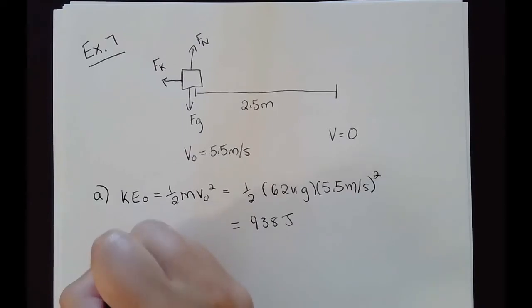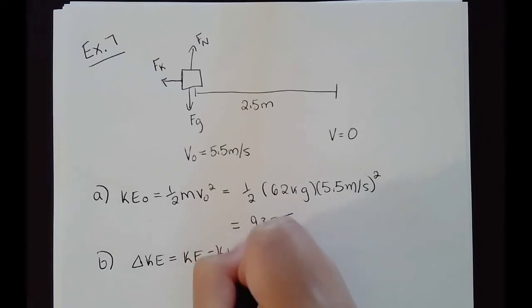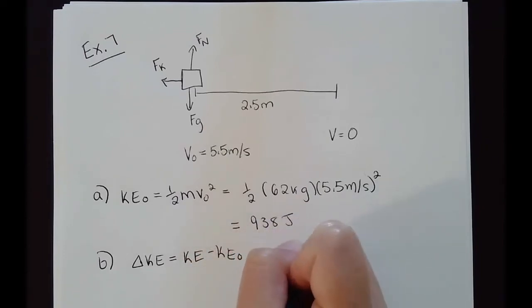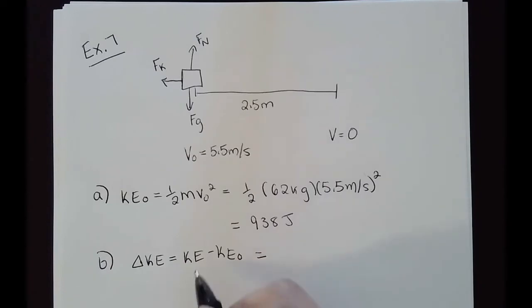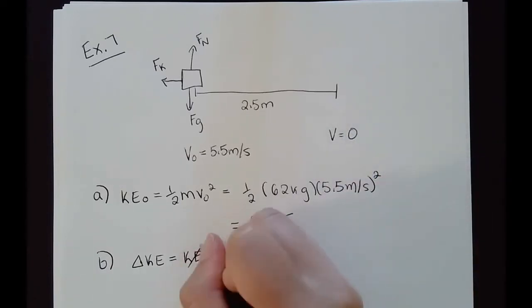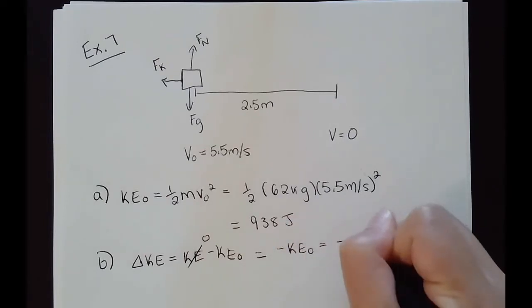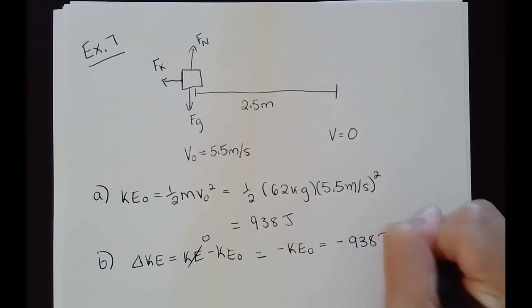Okay, then for B, we want her change in kinetic energy during the slide. Delta K is KE final minus KE initial. And this time we know that KE final is 0 because she is coming to a stop. So it's just negative KE initial, which is negative 938 joules.